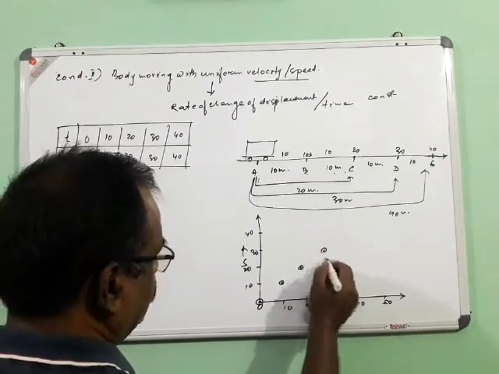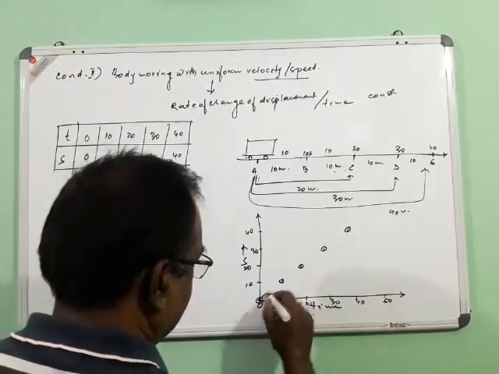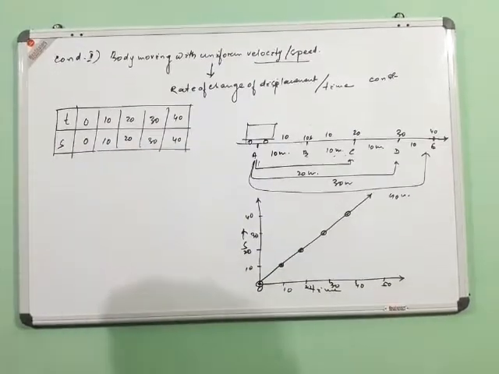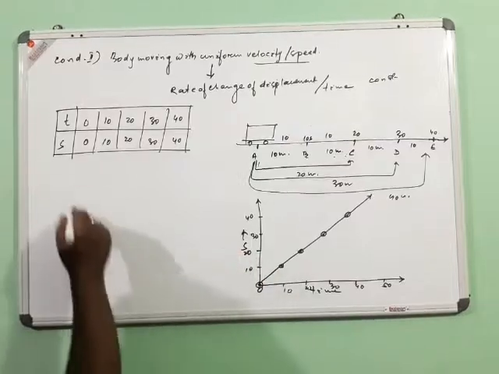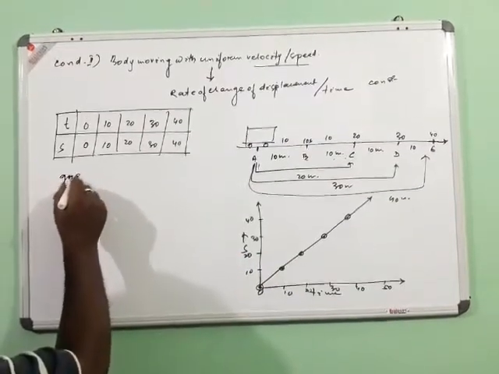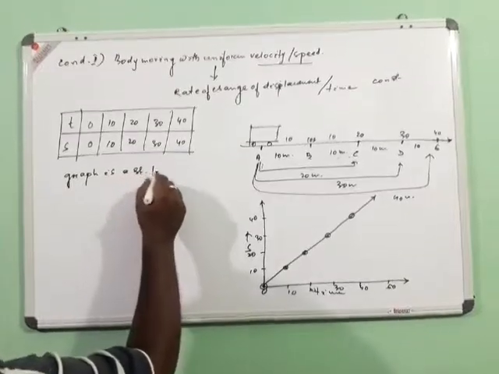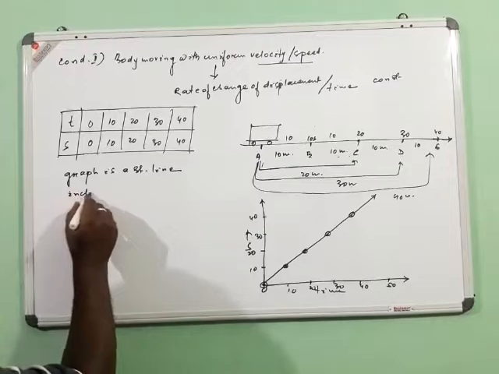When we join them, we get a line which is a completely straight line and equally inclined to both the axes. So what will be the nature of the graph? The plotted graph is a straight line inclined equally to both the axes.